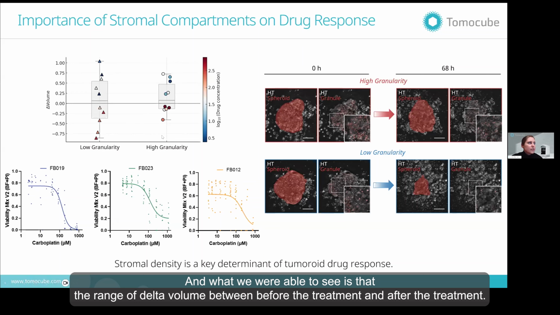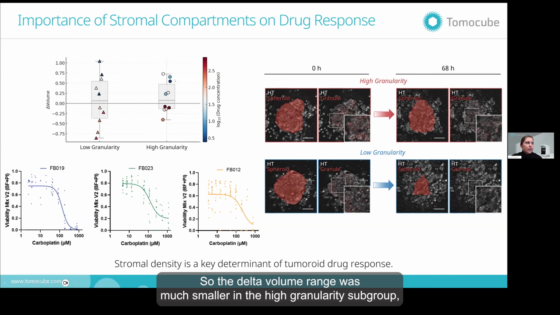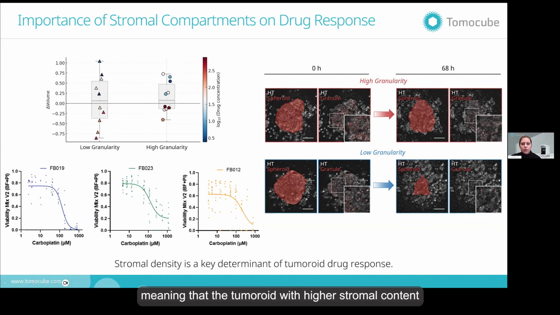What we were able to see is that the range of delta volume between before the treatment and after the treatment was much smaller in the high granularity subgroup, meaning that the tumoroids with higher stromal content might be less sensitive to the carboplatin.